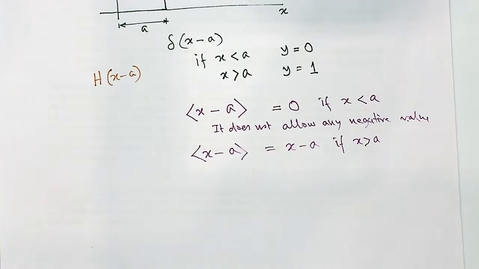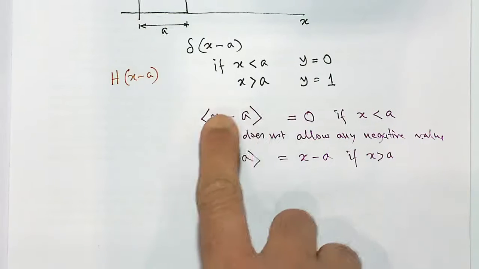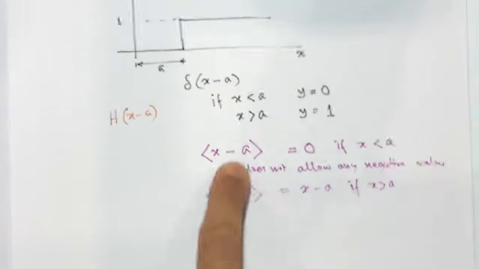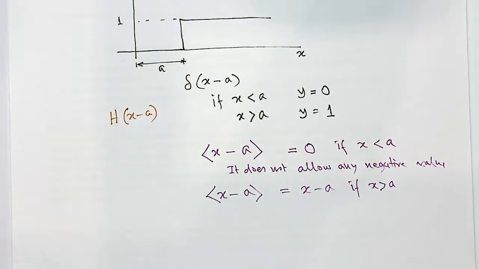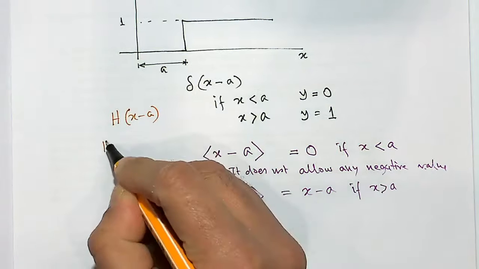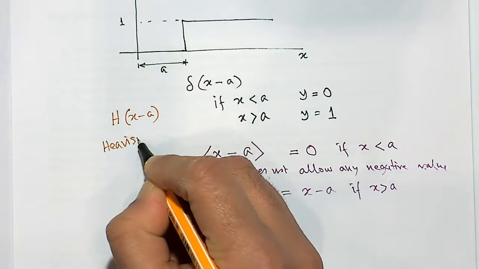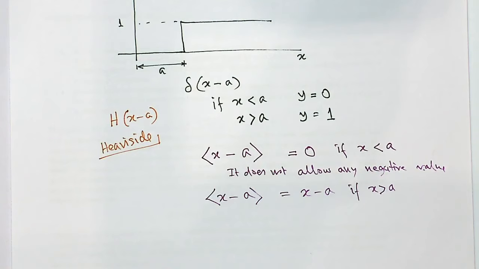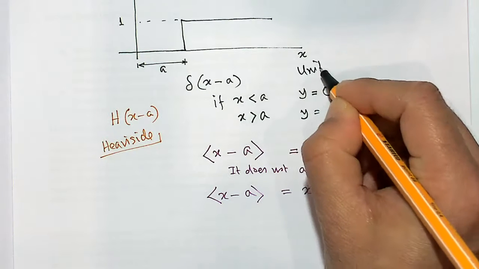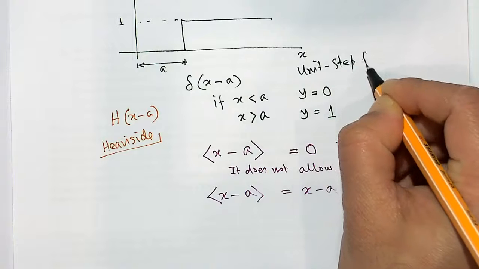Now the beauty of approaching it this way is you can use all the integration and differentiation signs as normal. We'll use this unit step function in this disguise, and it is called the Heaviside function as well, or the unit step function.